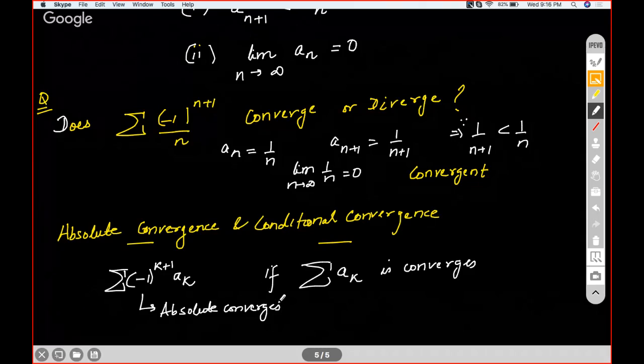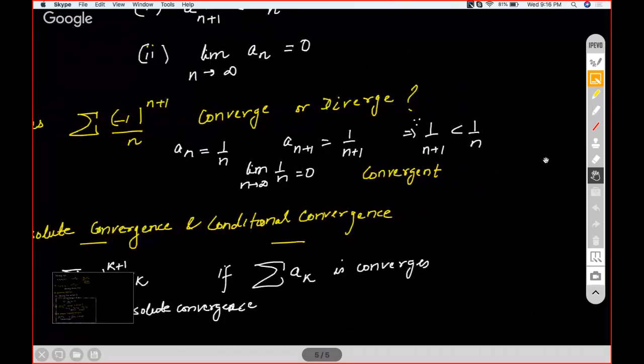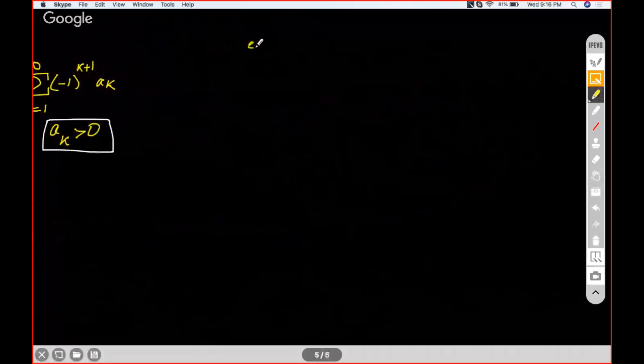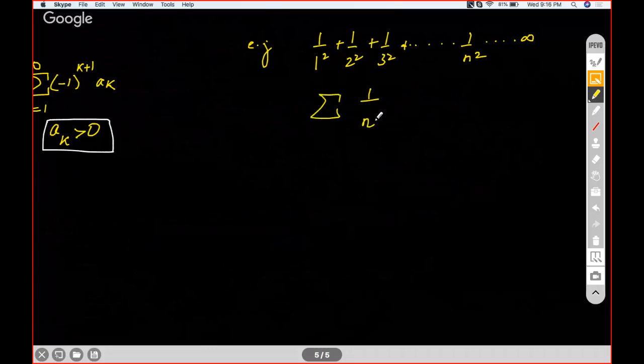I'll give you a very simple example to understand this. We have already seen that 1 by 1 square, 1 by 2 square, 1 by 3 square, and so on till 1 by n square is convergent, correct? Let's say n goes to infinity. If you remember, it was actually 1 by n to the power p, and p is greater than 1.